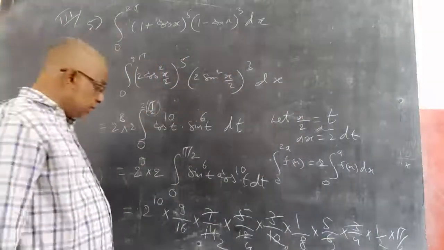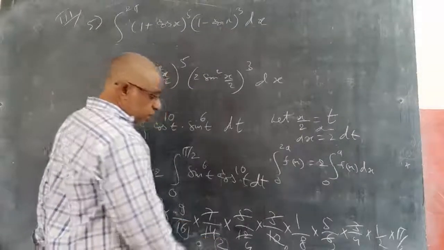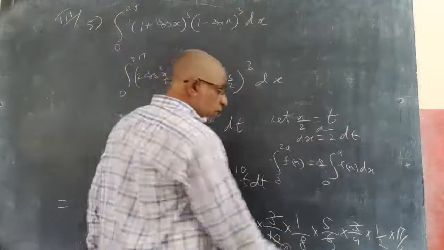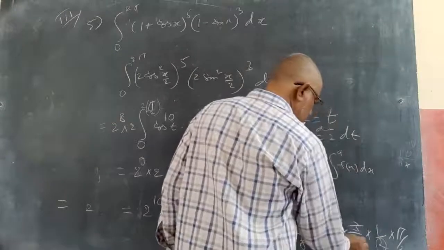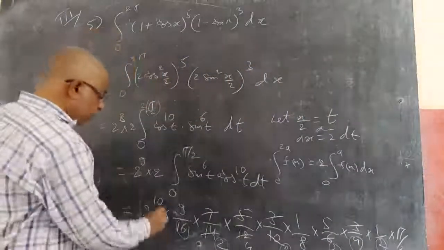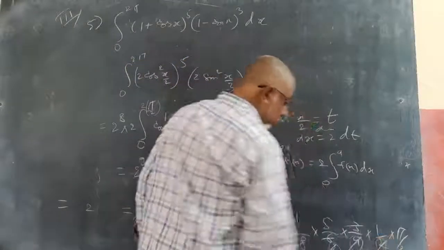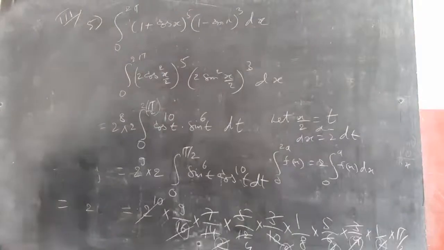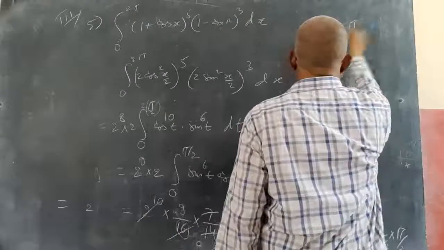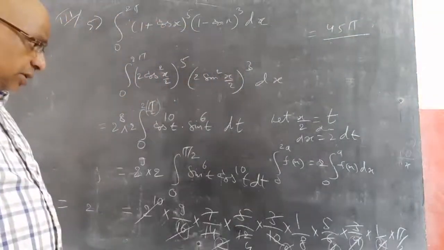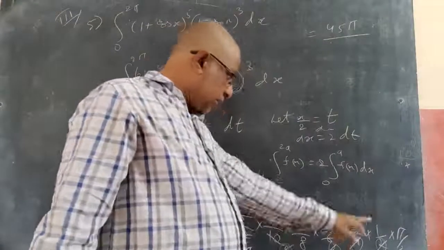Next, coming to here, this is 2 power 4, 2 power 5, 2 power 6, 2 power 7, 2 power 8, 2 power 10. So this 2 power 10 and these 2 power 10s I can cancel. So left out is 9 5s are 45 pi by. So final result is 45 pi by whatever the left out thing we can write. This is 4, 8 is 32, 32 2 is 64.